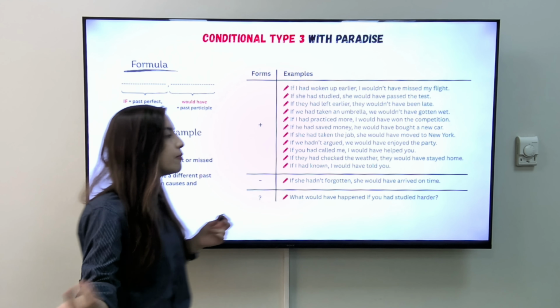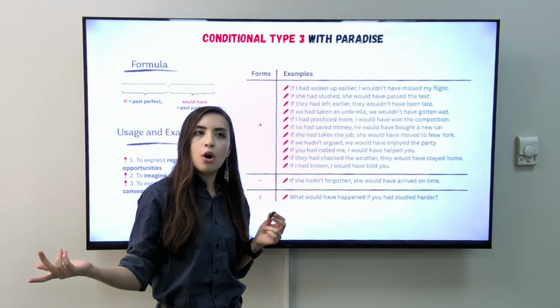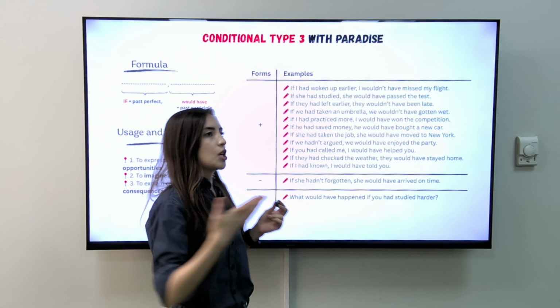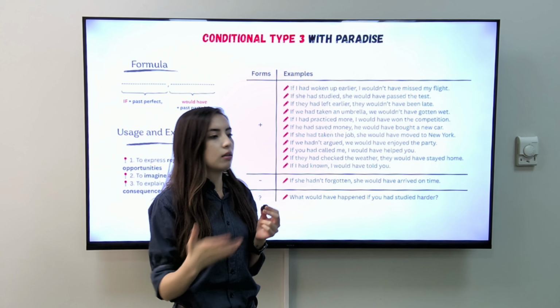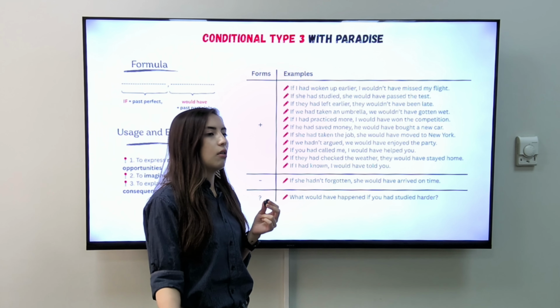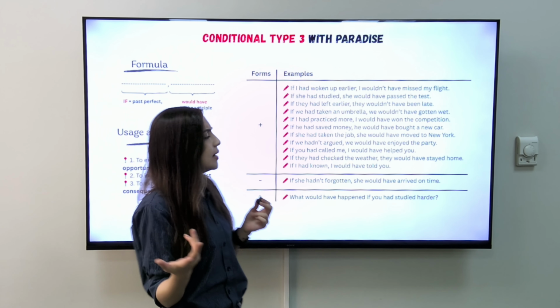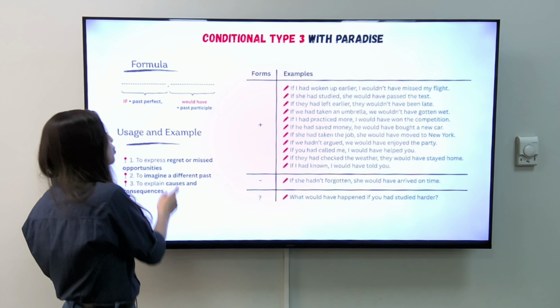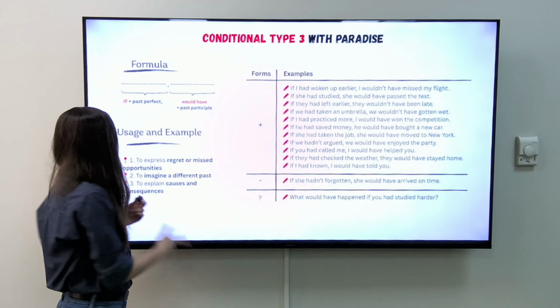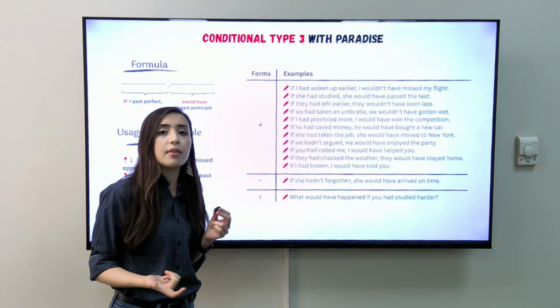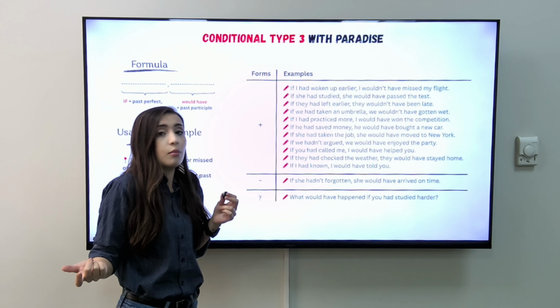So it was for hypothetical or unlikely situations. Let's say type 2. Type 1 was for something that you want to do, or for example, about facts, about general truth. But in here, we are having regret or missed opportunities. It means that I could have something, but I don't have it. Why?